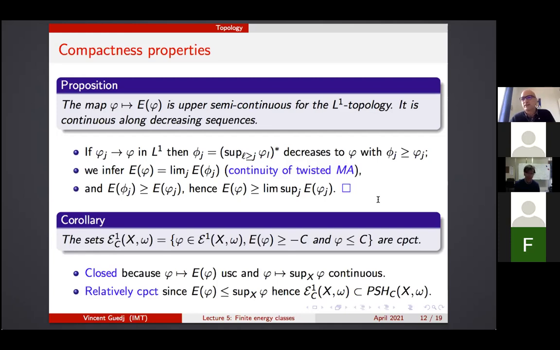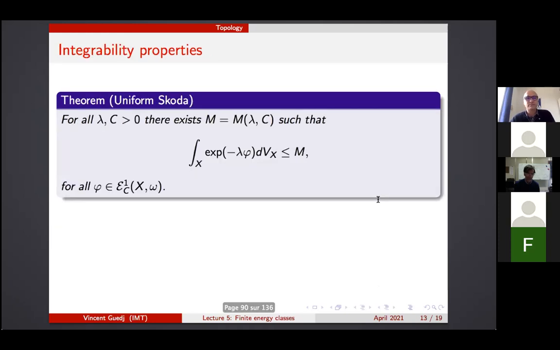And now I can deduce from that a very nice Skoda type result. Namely, if you pick any positive lambda, and if you fix any constant C, and if you look at the integral of exponential of minus lambda phi dV_X, where phi moves in this E1C of X, omega, then I just explained two things.